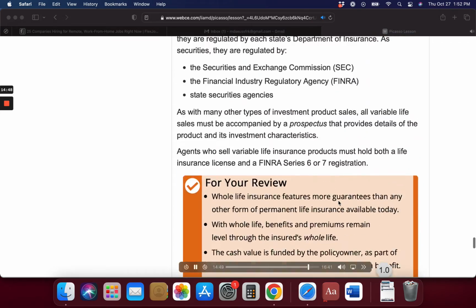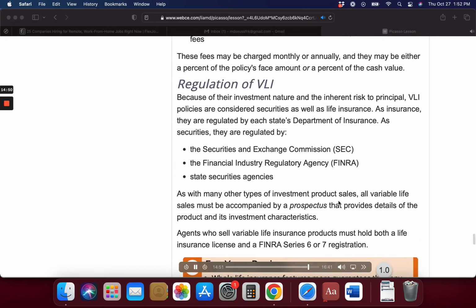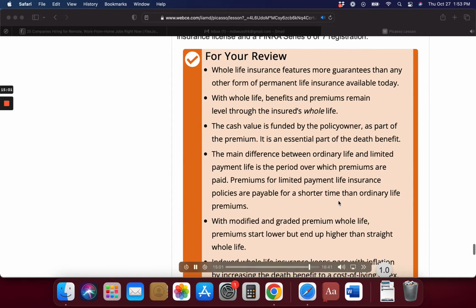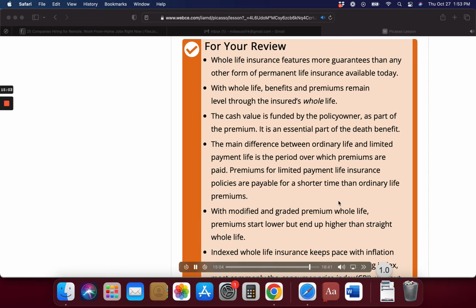As with many other types of investment product sales, all variable life sales must be accompanied by a prospectus that provides details of the product and its investment characteristics. Agents who sell variable life insurance products must hold both a life insurance license and a FINRA Series 6 or 7 registration.